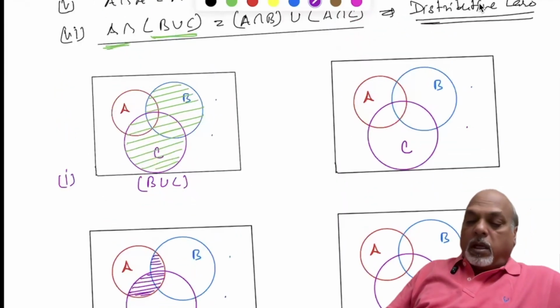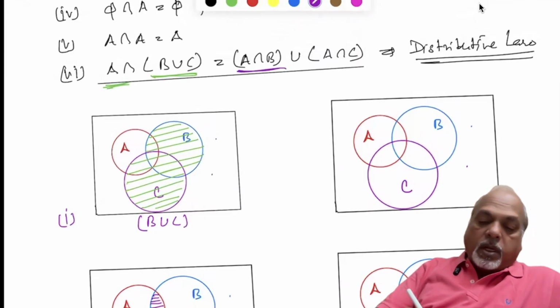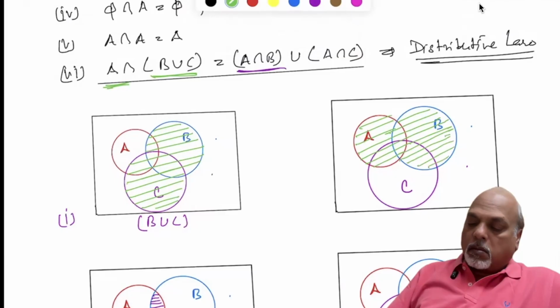Correct. Now here let us see A union B. A union B, you can see this is like this. Correct.